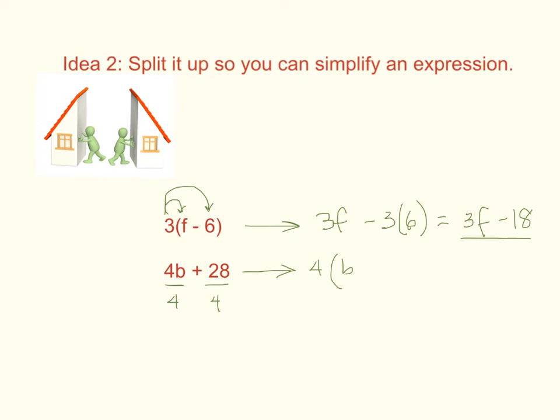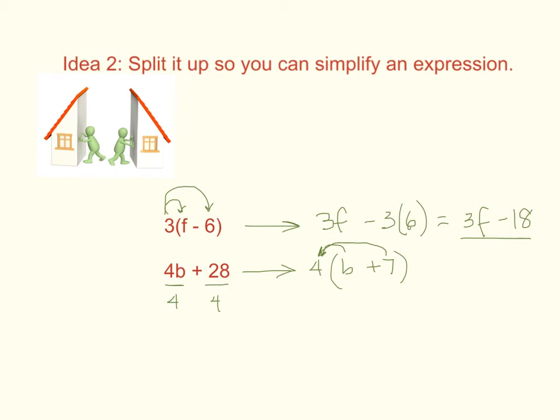And 28 divided by 4 is 7. So if I put a 7 here, you can see that I could multiply that way and multiply that way and end up back to the original format. So I can go back and forth with the distributive property.